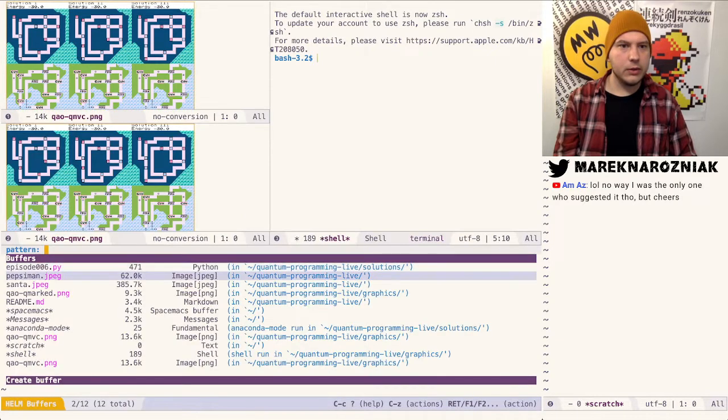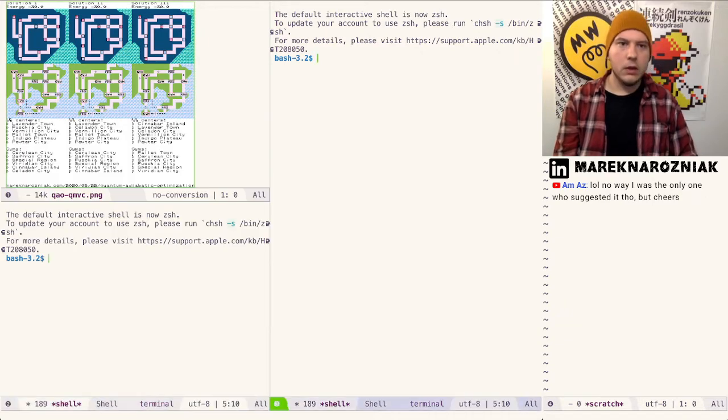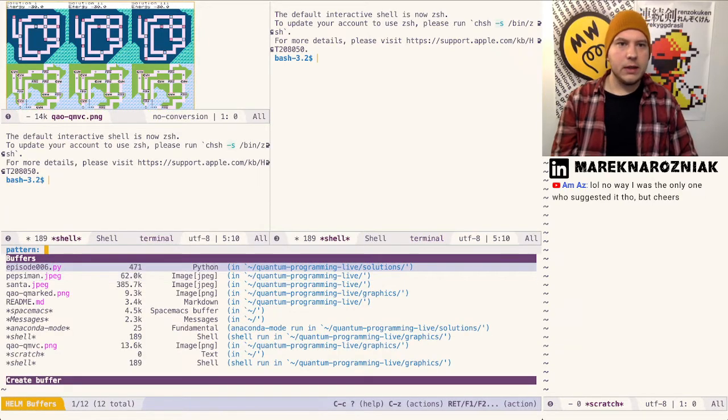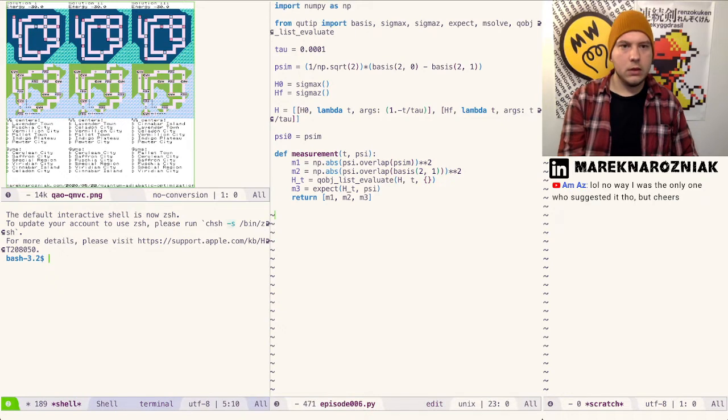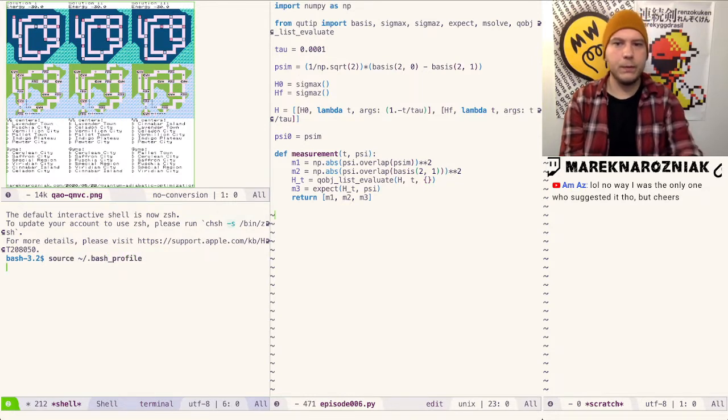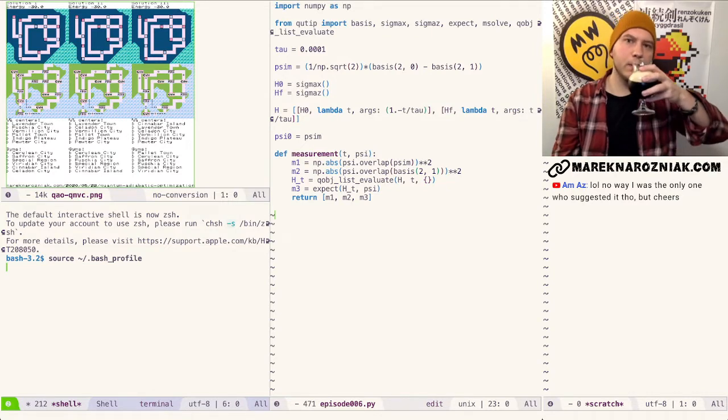I like to just do it the buffer way. And that's it. For some reason, Emacs doesn't want to automatically evaluate my bash profile, so I'm just doing it manually, which is fine.